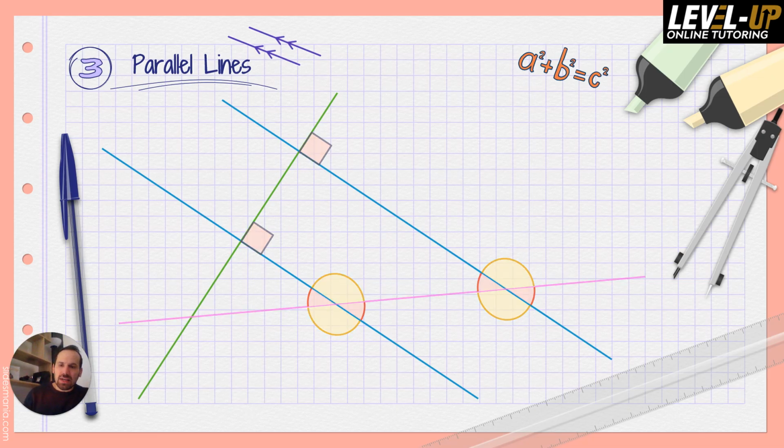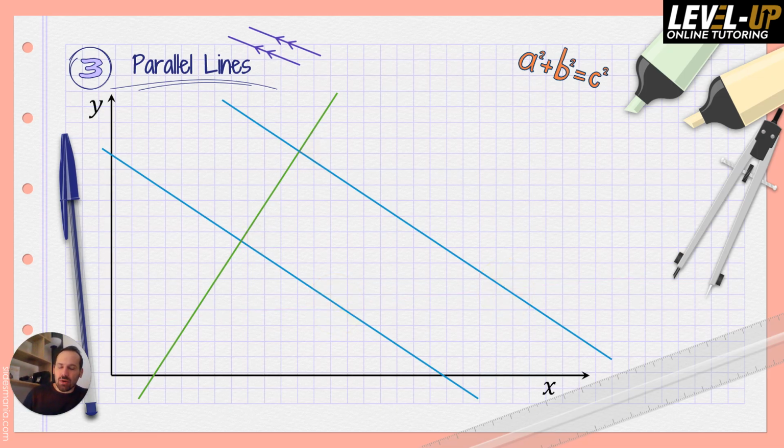Now imagine this was graphs plotted on an axis, and I put in the equations of these lines here. Like what we saw before with perpendicular lines, we can see if two lines are perpendicular by looking at the gradients. You can see here the blue lines and the green line: if you multiply their gradients together, they're equal to -1. 3/2 times -2/3 gives -1.